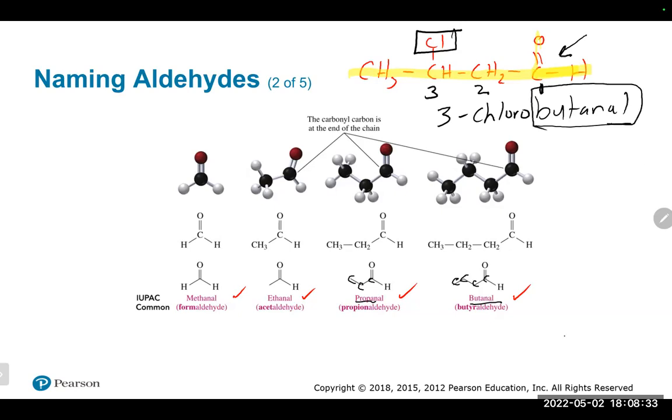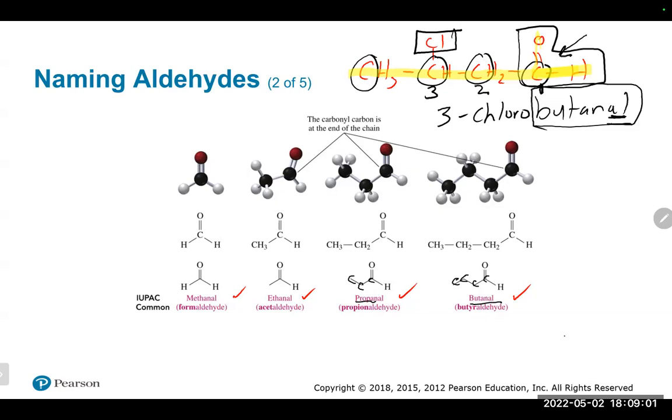Yeah. So it's based on the longest carbon chain that has the carbon oxygen double bond in it. So this is 1 carbon, 2 carbons, 3 carbons, 4 carbons. And that's the longest carbon chain that still contains the functional group. So that's based off of butane. And because the functional group is an aldehyde, we basically drop the E and put AL at the end of it. And that tells you that it is an aldehyde that has 4 carbons.